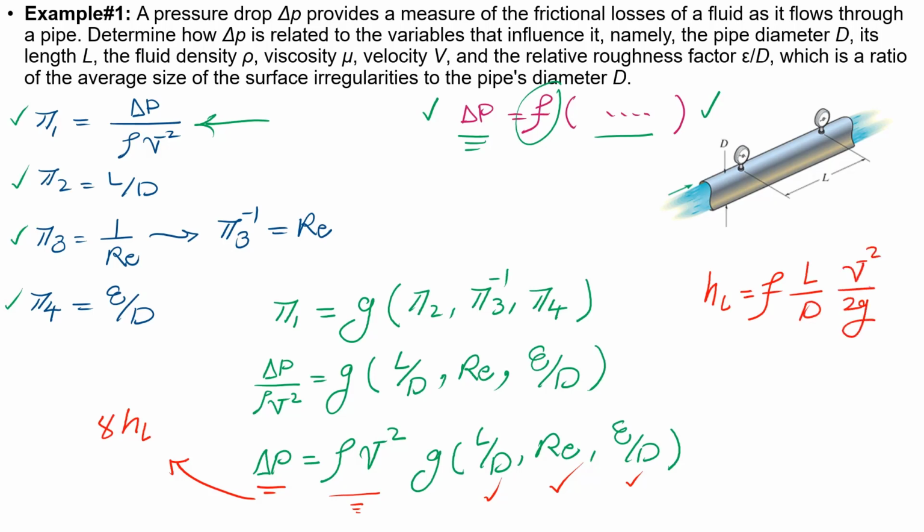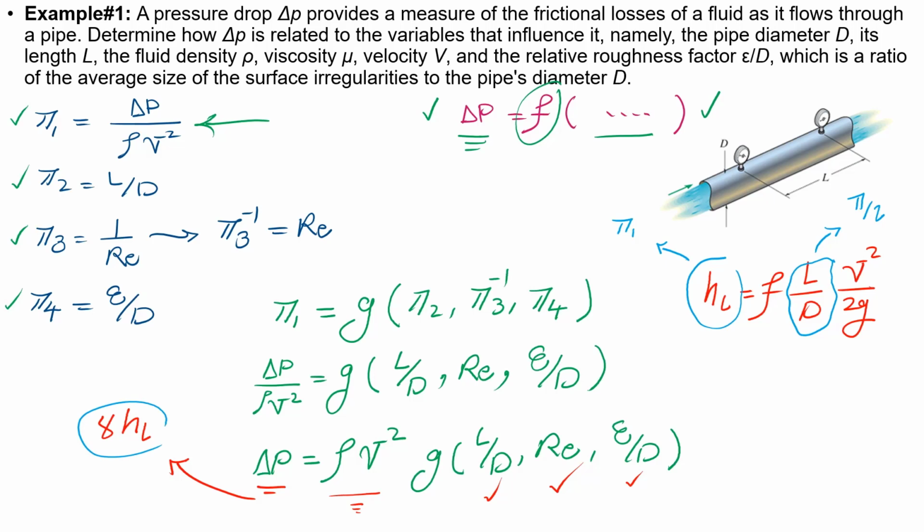This equation was Darcy-Weisbach equation, right? Now take a look at it. So you have L over D over here. This is your pi 2. You have HL over here, right? This is your basically pi 1, right? Some forms of pi 1 because delta P is this one, right?